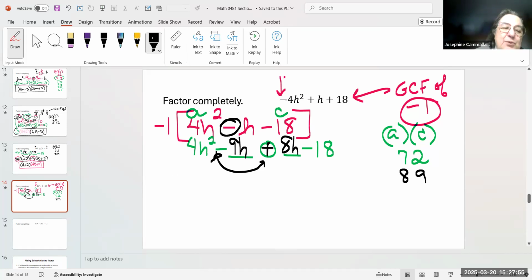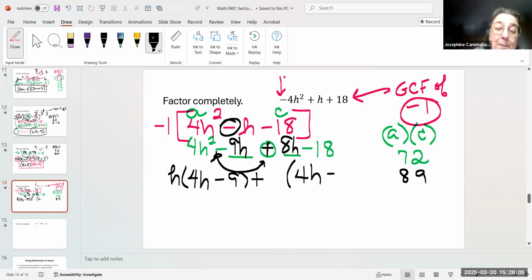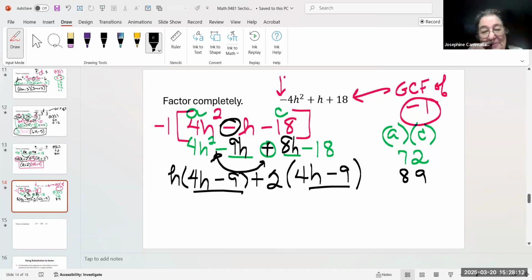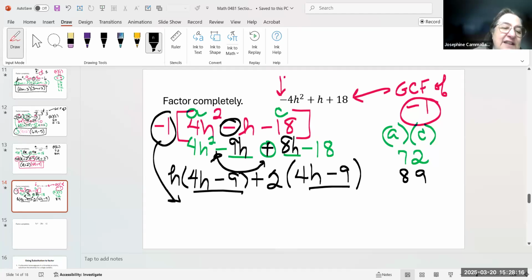Well, this will give me h, 4h minus 9 plus, now remember, I need a 4h minus 9 in this second blank. That means there's a 2 here. Now, do not forget this -1.